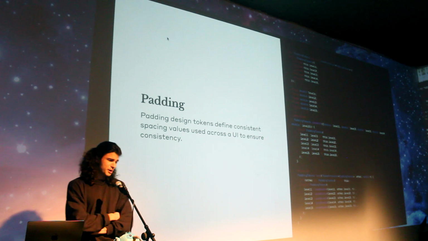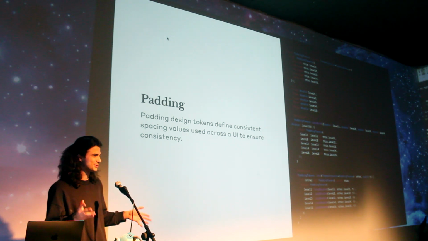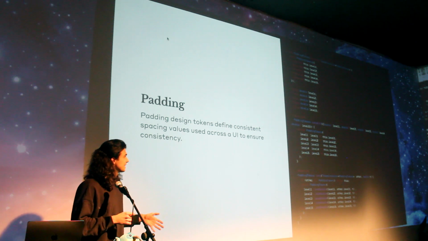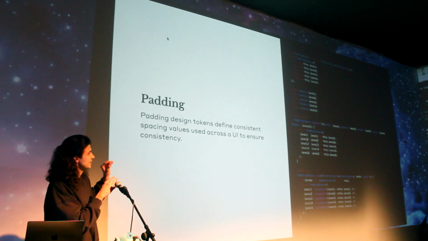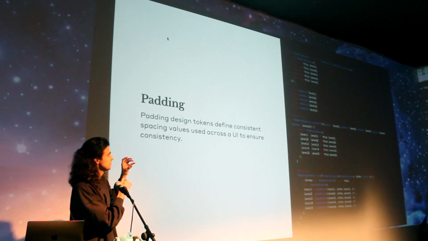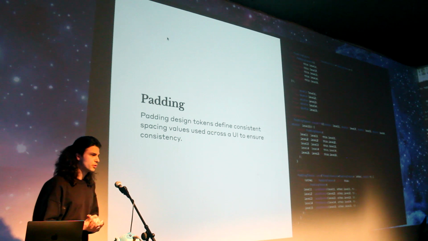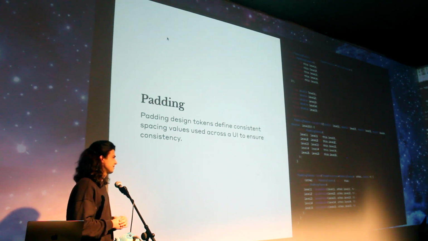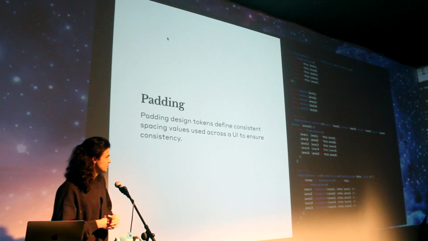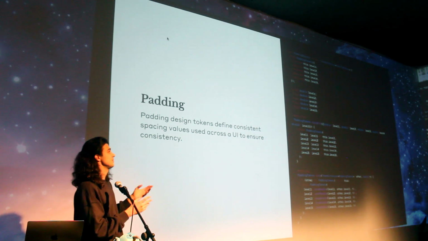Imagine you have thousands, let's say hundreds of screens, and on every screen you have a heading and a body text. Between that heading and the body text, you have a padding of like 16. One day, your fellow designer decides that, hey, I think it will be much more beautiful to actually add a padding not just 16 but 24.